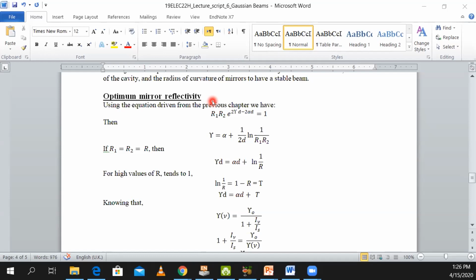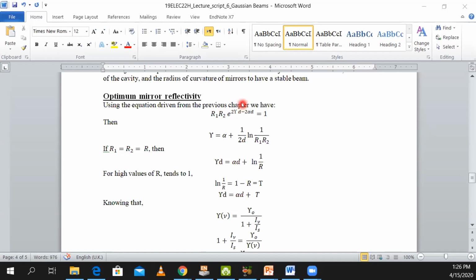If you have a gaining factor, then we multiply by e power 2 gamma d, where gamma is the amplification coefficient. I think we deal a lot with gamma, either in chapter 1, chapter 2, or chapter 3. So now we have an amplification, then whenever the signal is propagating, the number of photons increases by the factor gamma.